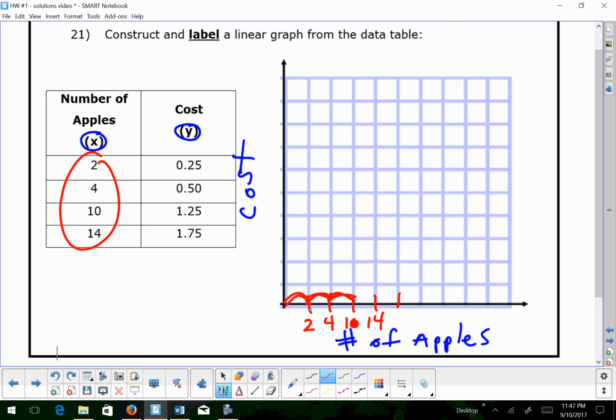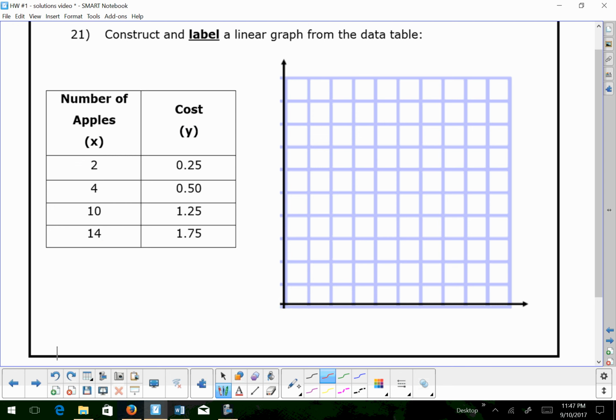This is worth 2, this is worth 2 more, but this box is worth 6 more, and that doesn't make sense. It has to have what we call a consistent scale. So if this is going to be worth 2, all of the boxes have to be worth 2. 2, 4, 6, 8, 10, 12, 14, 16, 18, etc. Again, these are our number of apples.